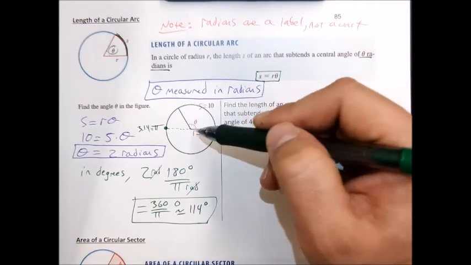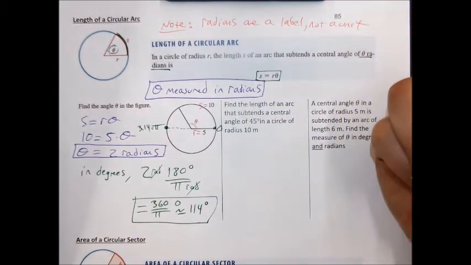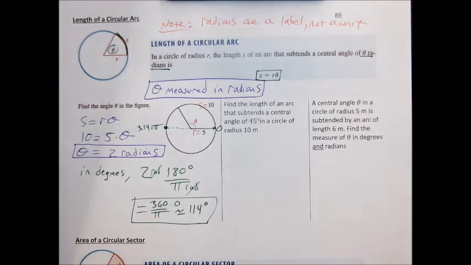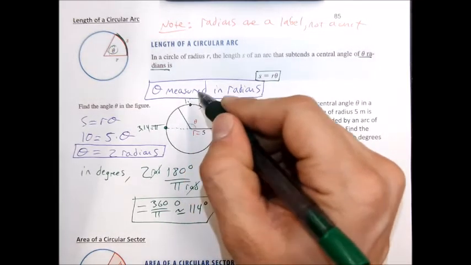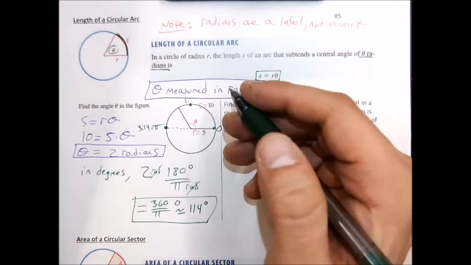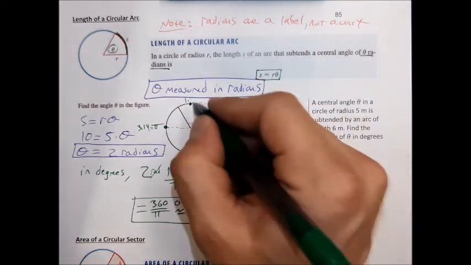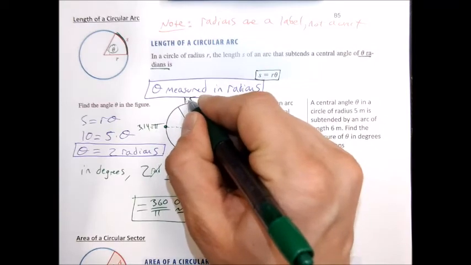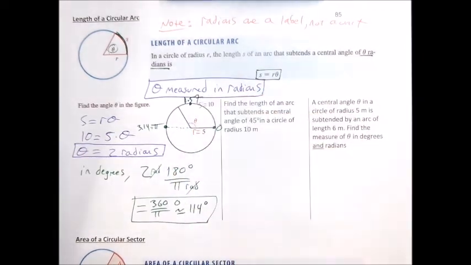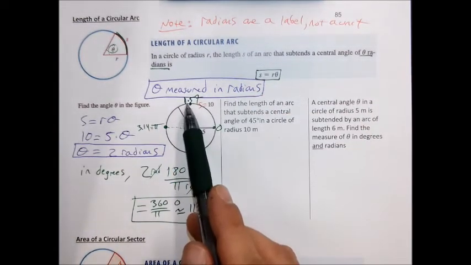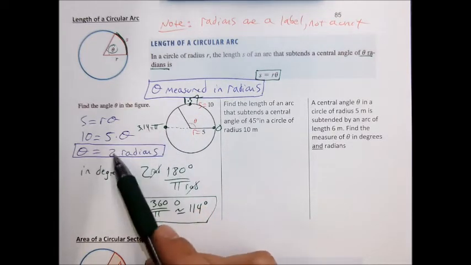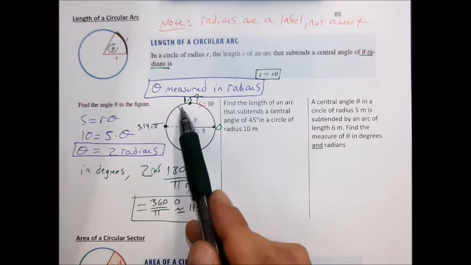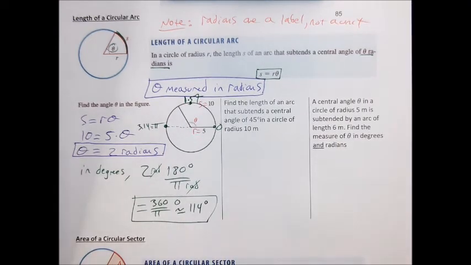Pi over 2 would be half of 3.14, which is about 1.57. So if that's 1.57 because it's pi over 2, and that's pi, 3.14, then 2 is in between them, and it's a little bit closer to 1.57 than it is to 3.